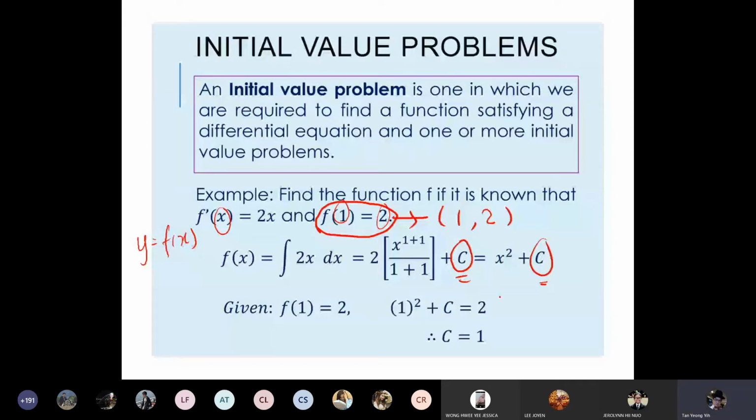So we have Y equals X squared plus C. The X is 1, the Y is 2, and we can find that C is 1. Therefore, the Y, which is the Fx, now is the function X squared.